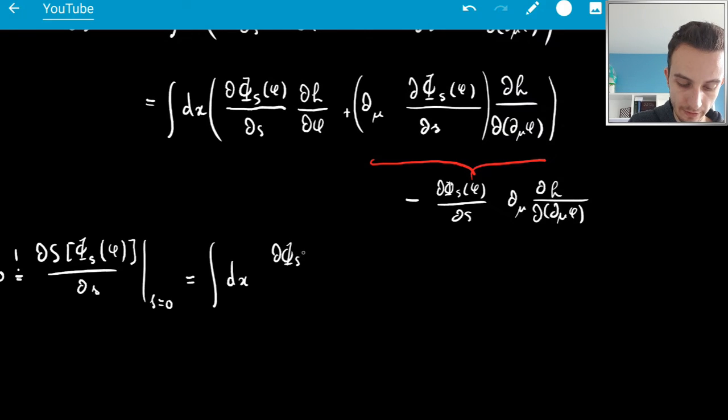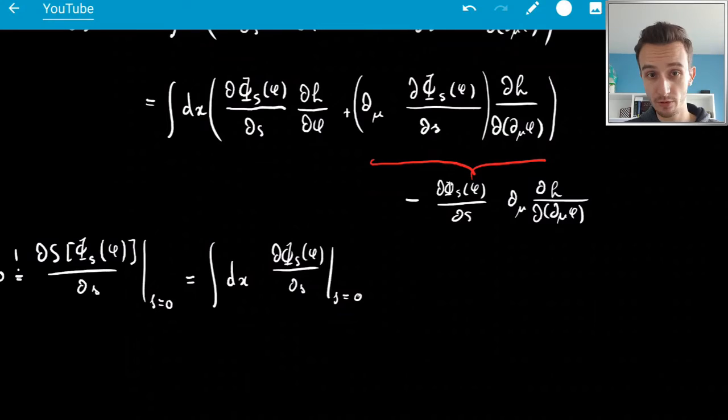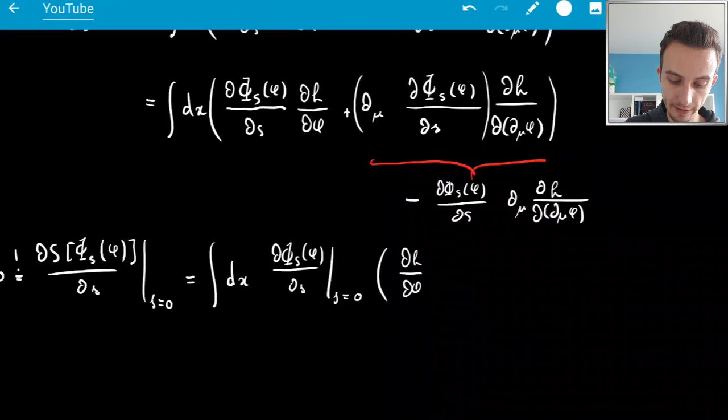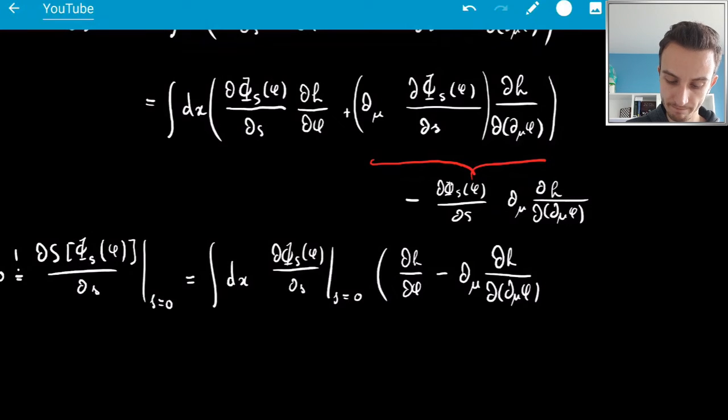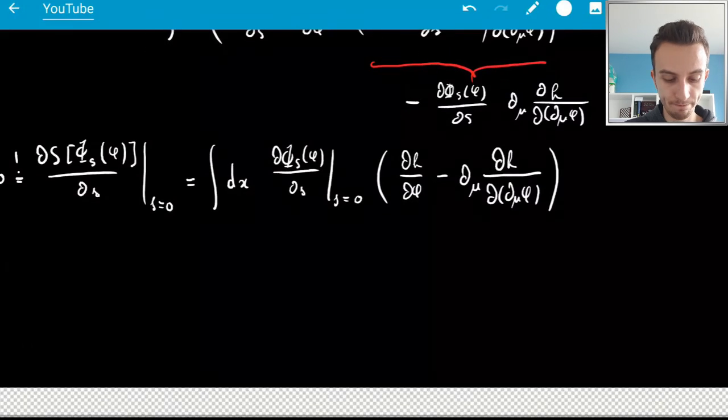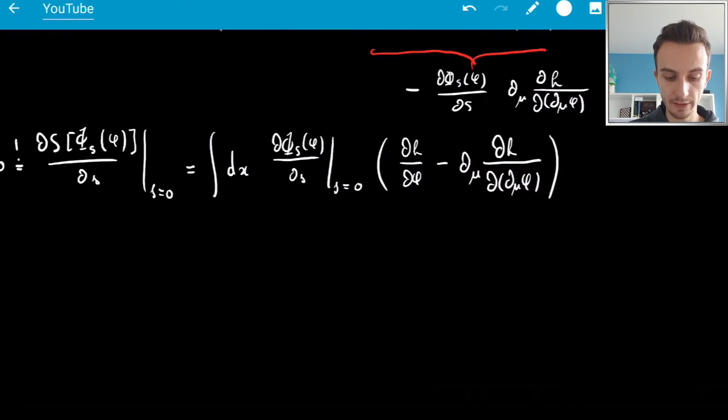So I write this like this, taking the derivative and then taking s equals 0. Obviously those two operations don't commute, but what's on the factorized part is dL by d phi minus d mu dL by d d mu phi. And now these L's are functions of phi's. The evaluation went through.